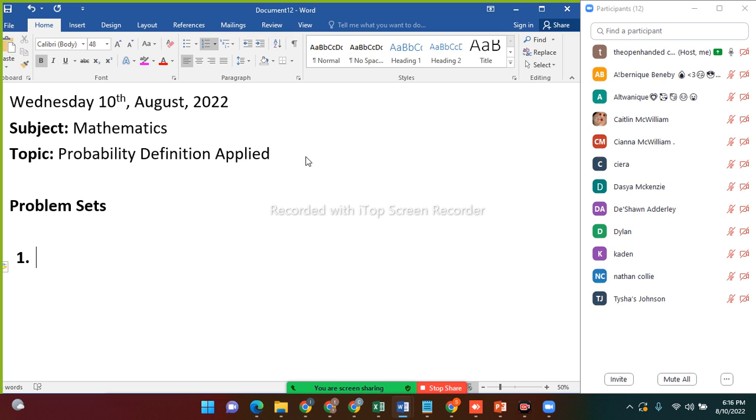Excuse me, Deshaun, do you know? No. How about you, Sierra? 52. Very good. 52 cards are in the standard deck. So that's a sample space that we need to look at. Remember, it's 52 cards, and if that ever comes up, please remember that.